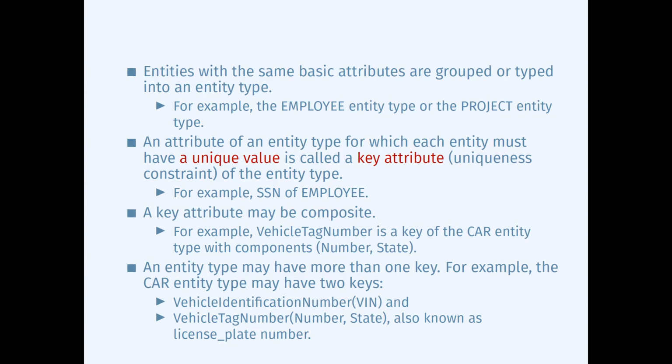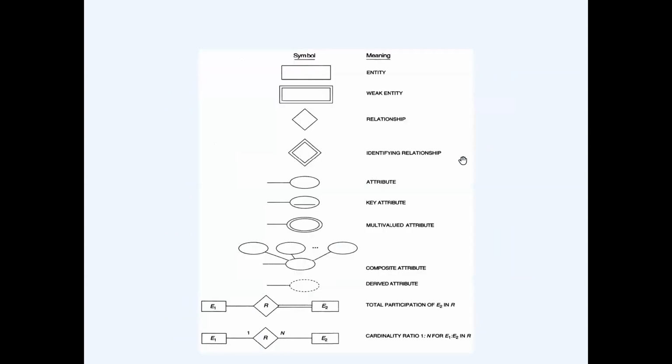Okay, now that we have discussed the basics, let's look at some notations. In ER diagrams, entities we represent using rectangle boxes like this. The first one represents an entity. So for example, what are the entities we had? We had department as an entity.